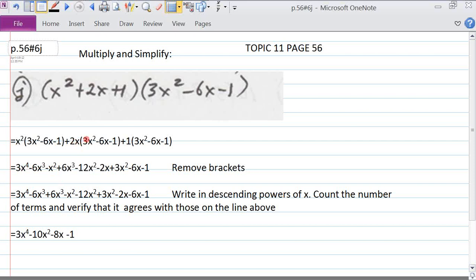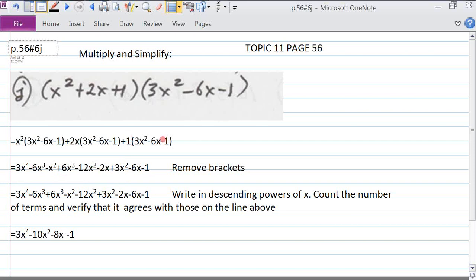When we multiply 2x times 3x squared, that gives us plus 6x cubed, plus 2x times minus 6x gives us minus 12x squared, and plus 2x times minus 1 gives us minus 2x. So we've got the three terms from removal of the first bracket, the three terms from removal of the second bracket.